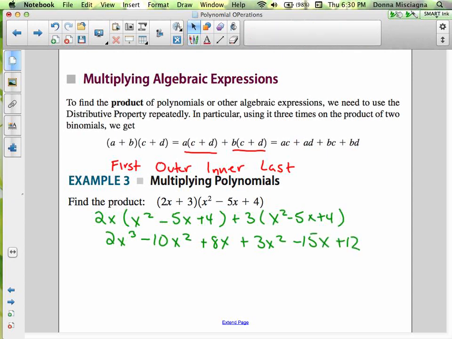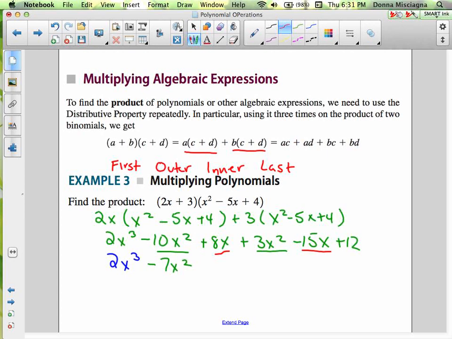Let's combine the like terms. So there's only one cubic term, so 2x cubed. We have two squared terms. We have negative 10x squared and a 3x squared. So negative 10x squared plus 3x squared would be negative 7x squared. And we have 8x and negative 15x are like terms.